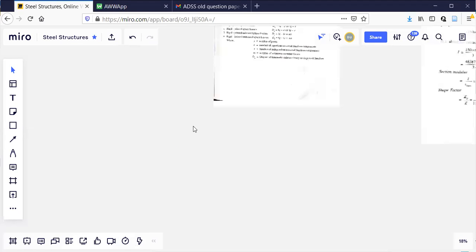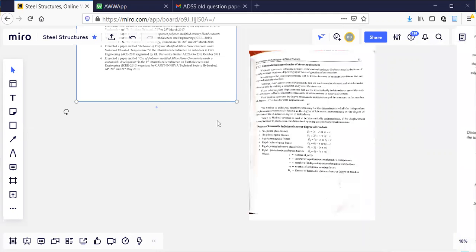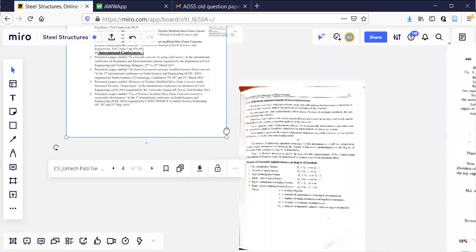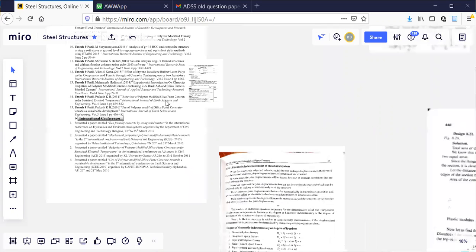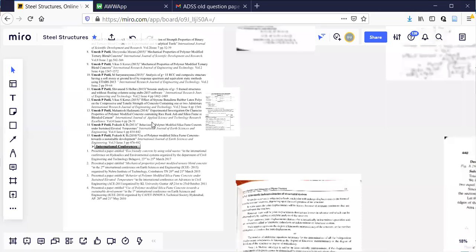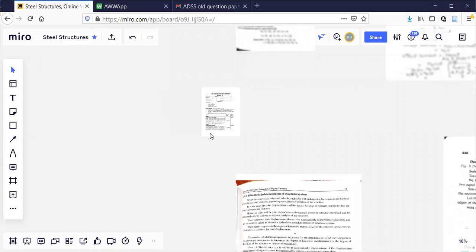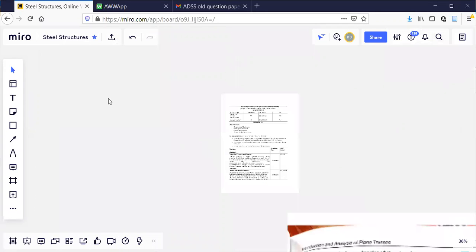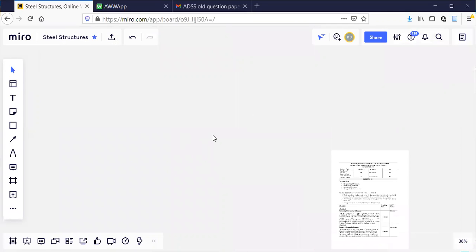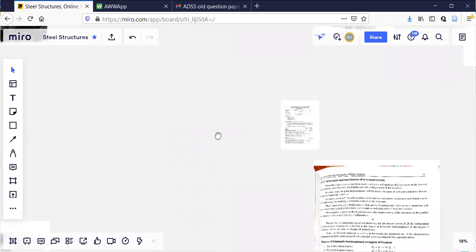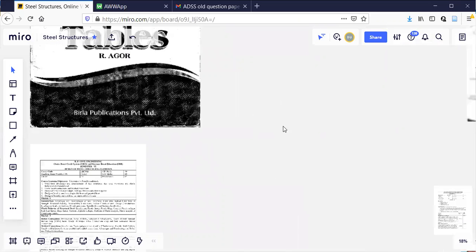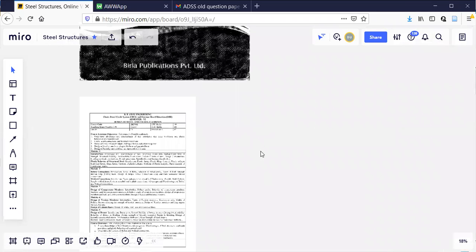As you can see here, you have studied steel in 6th semester. So I'll start with a little bit basic only here. So what you need here is first look at the syllabus of this.